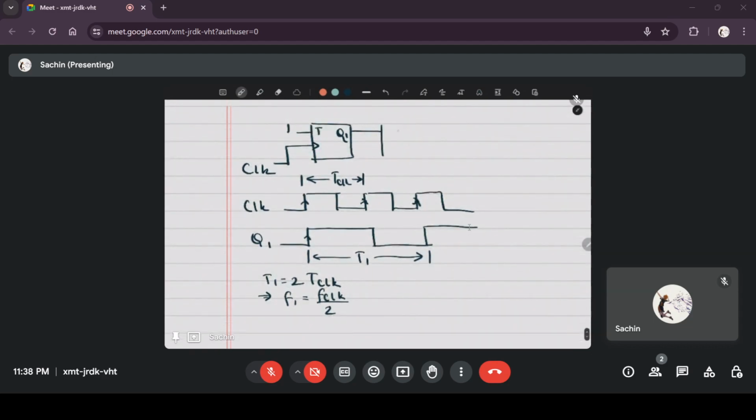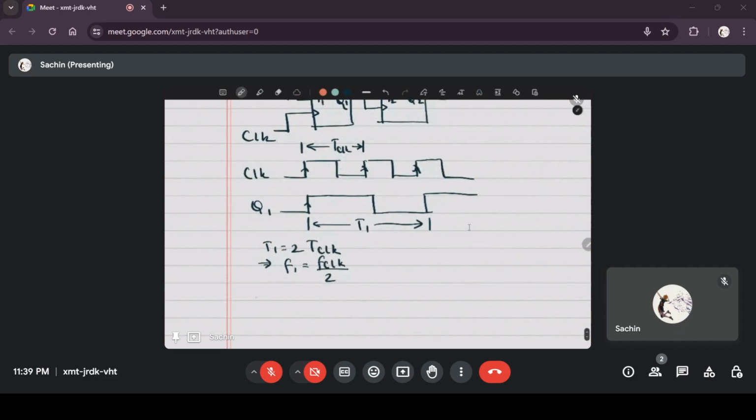If you had another flip-flop, and the clock of this was connected to Q1, and this was also a toggle flip-flop, the output Q2 would now get triggered at the positive edge of Q1, so it will change here, and the next positive edge would be there.